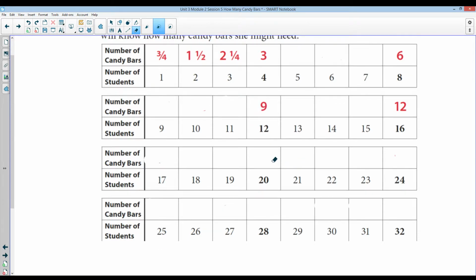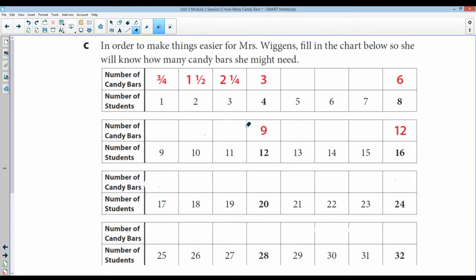I would start getting these out of the way first, because they give you good landmarks to shoot for to make sure you're on pace. Then on here, all you're going to have to do is add the 3/4 each time. So like 3 plus 3/4 would be 3 3/4. Now you can look at doubling tricks.